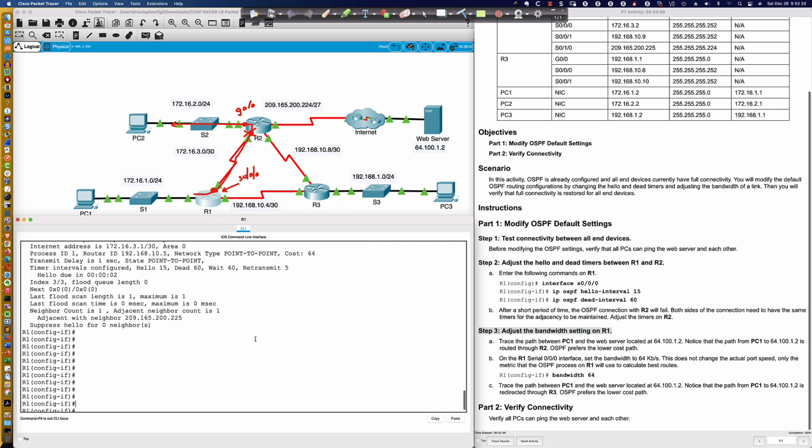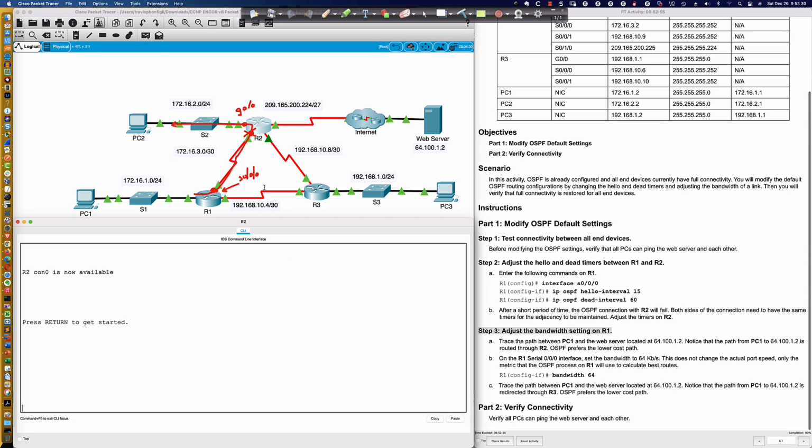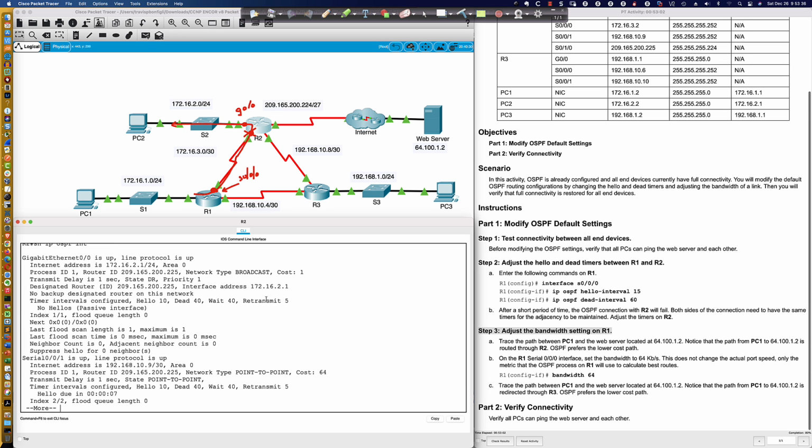I'm sorry, let me finish here. So we left off with out that interface, it's a cost of 64. What about router 2? Well, if I say show IP OSPF interfaces, we're going to see that gigabit 0/0 link. That's our link out to the 172. So I was just checking to make sure that that was the right link. And what is the cost? The cost is 1.